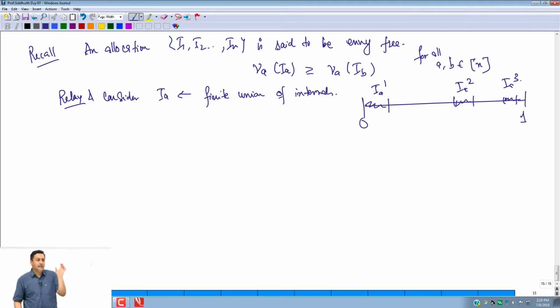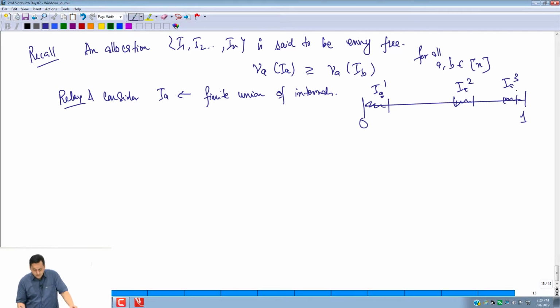So again, the intervals that I assign to different agents are pairwise disjoint. I cannot pick a piece and say, okay, it's going to both two players. But what I can now do is look at a case where a single agent actually receives a union of intervals. So it's a finite union of intervals. So the scenario looks like this.